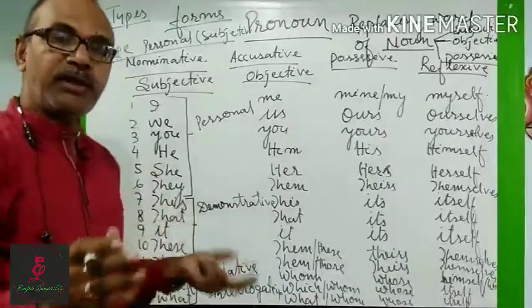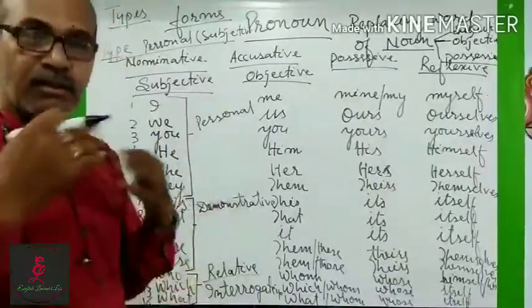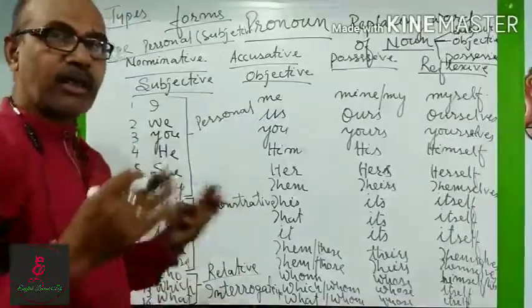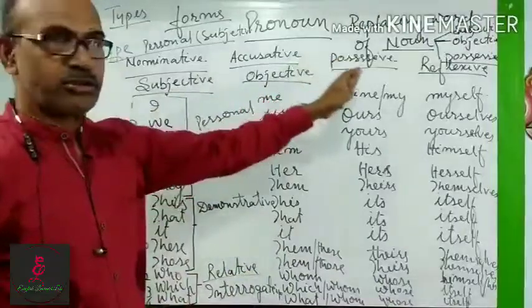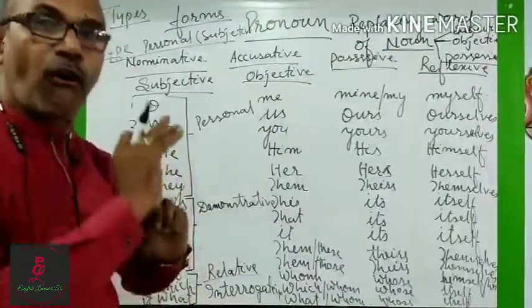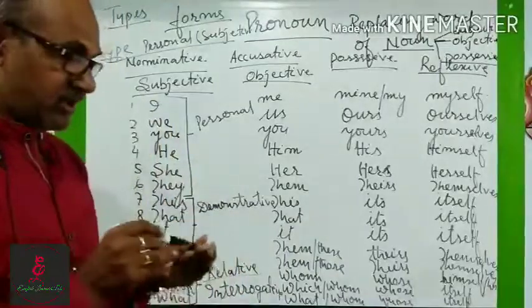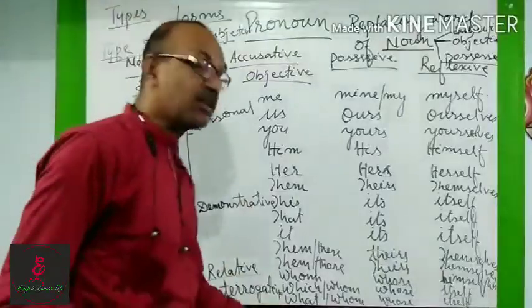Then you will be clear about the types, how they are different and how they are differently used, the subjective use, objective use, possessive use and reflexive use. This is not all about pronoun, but there are some other sections of pronoun that we will discuss now.